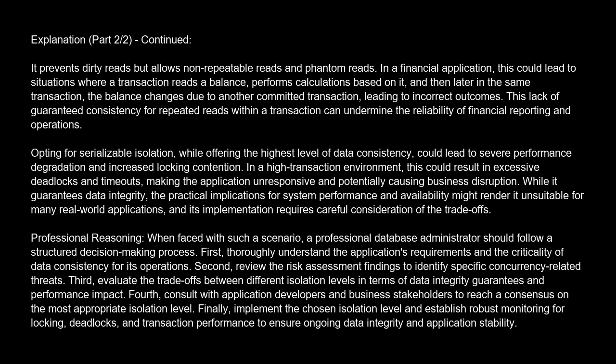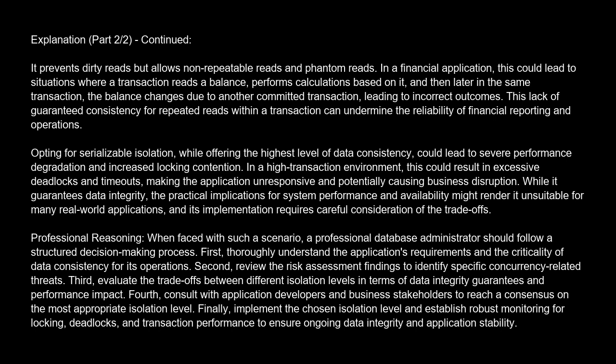Professional reasoning. When faced with such a scenario, a professional database administrator should follow a structured decision-making process. First, thoroughly understand the application's requirements and the criticality of data consistency for its operations. Second, review the risk assessment findings to identify specific concurrency-related threats.